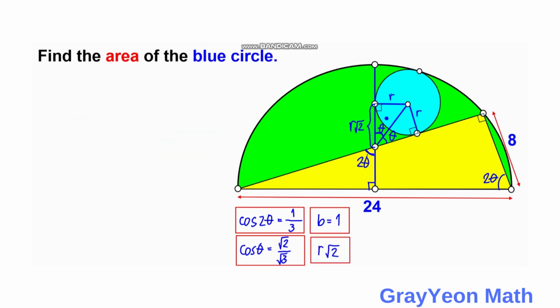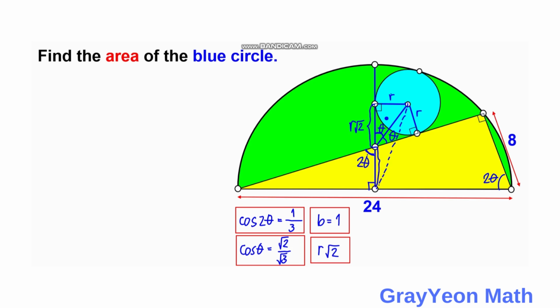Okay, so next I want you to notice that from the center of the blue circle, we can actually draw a line to the center of the semicircle, and we actually form a right triangle. So a right triangle with the radius of this blue circle, this r square root of 2, and this length.